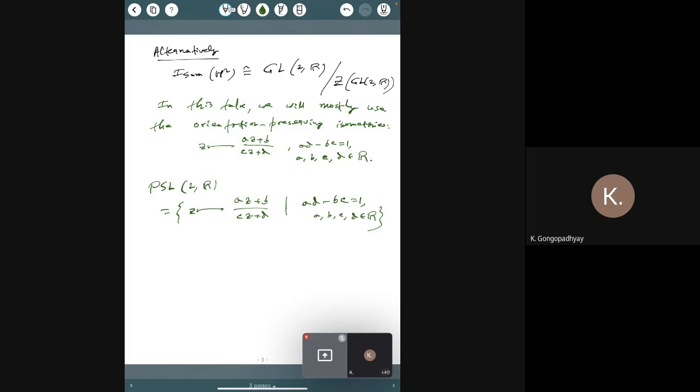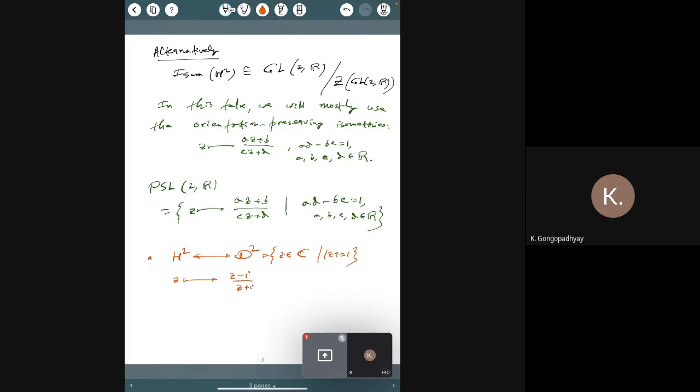So this was the upper half space model, and then there is a disk model. H2 can be identified with D2, which is Z in C such that mod Z equal to 1. You just take this Mobius transformation.